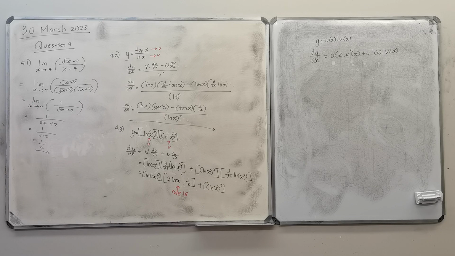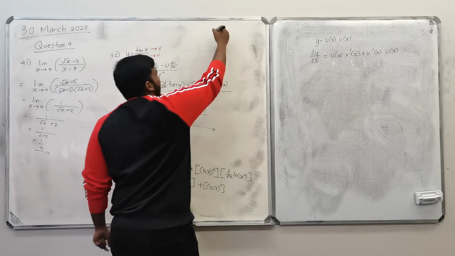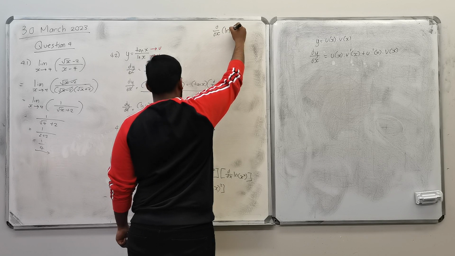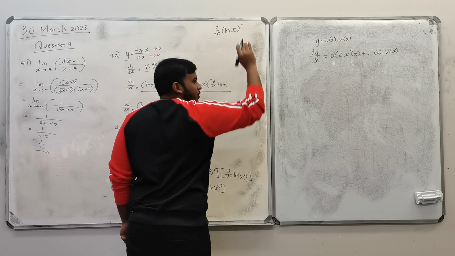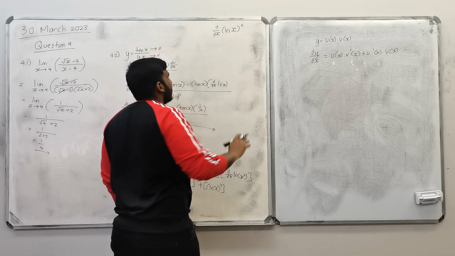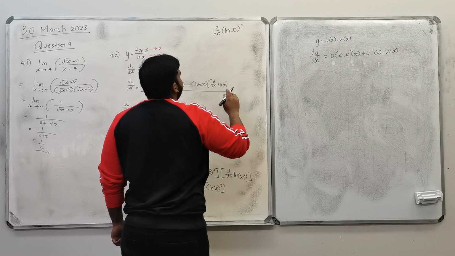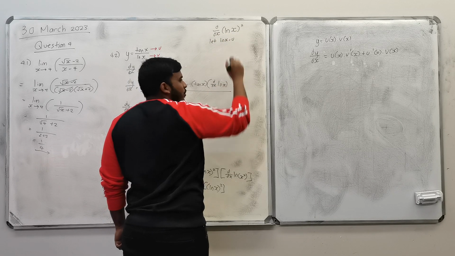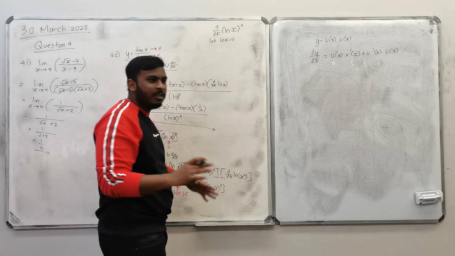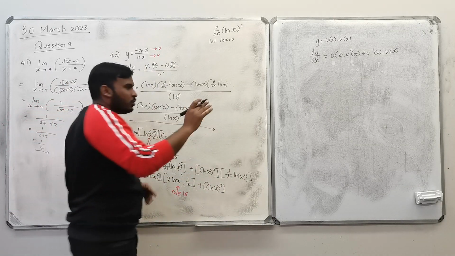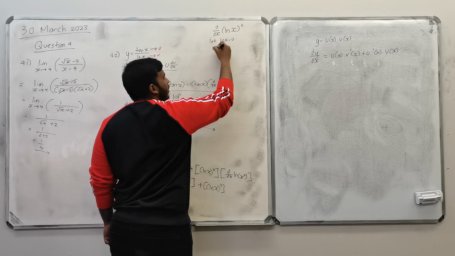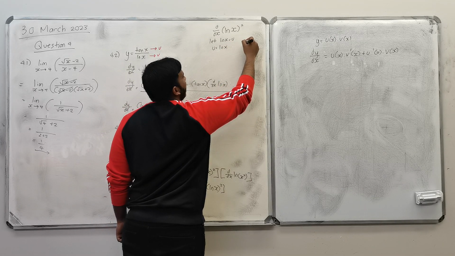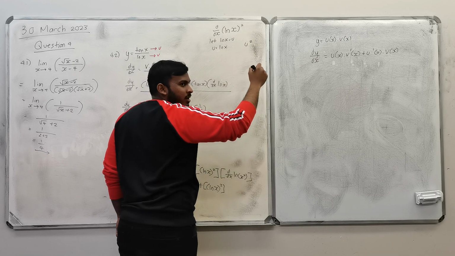Yeah, that's what I was saying. Okay, see here, this is d over dx of ln of x all squared. Let ln of x equal u. So when I'm writing the two functions that are here, one is u equal to ln of x, and the other function is u squared.